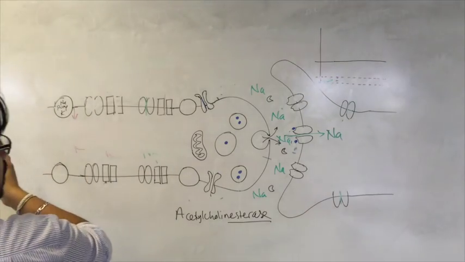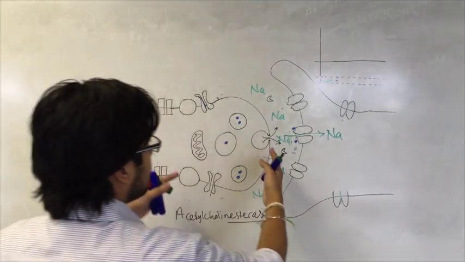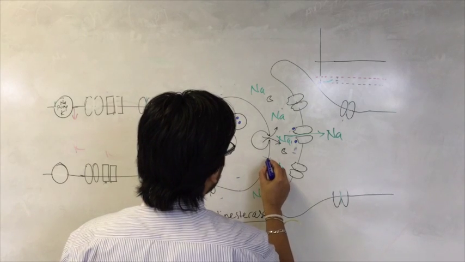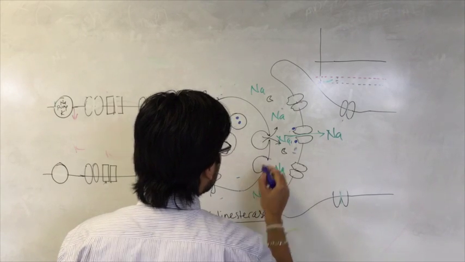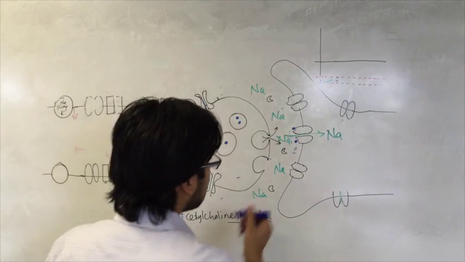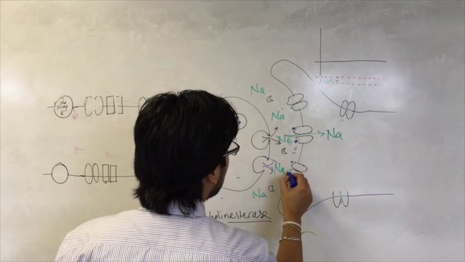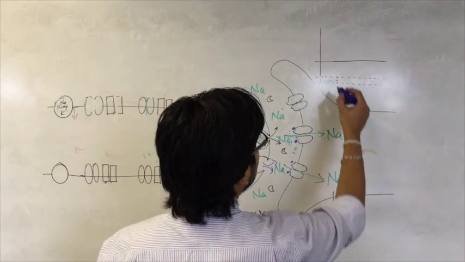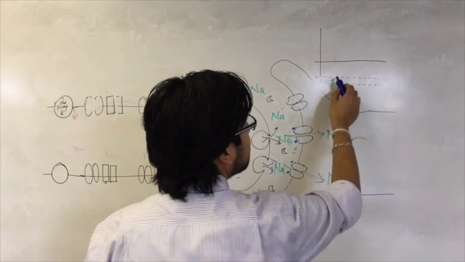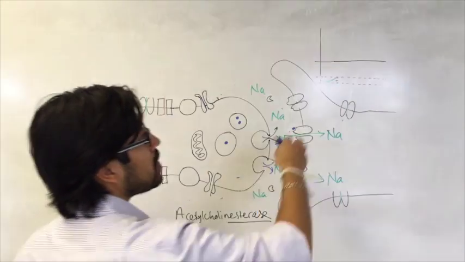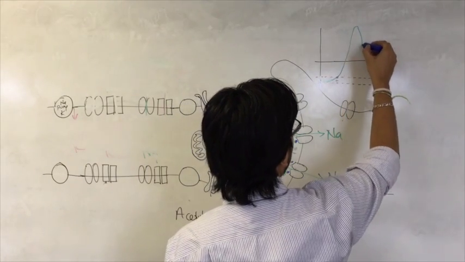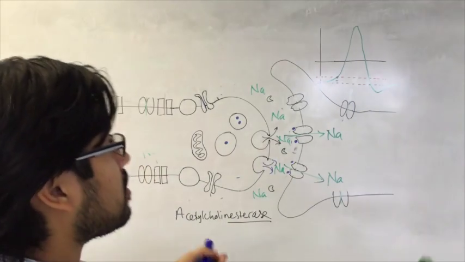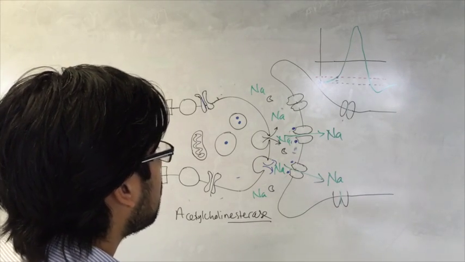So it might be that we need repeated stimulation, so another action potential to force another vesicle to fuse, or more vesicles to fuse with the membrane, more acetylcholine to be released, open more channels, and let more sodium come in, and then we get a little bit higher depolarization, and only then do we reach the threshold potential, and that causes the action potential, and then depolarization, stabilization, hyperpolarization, and polarization again. Does that make sense?